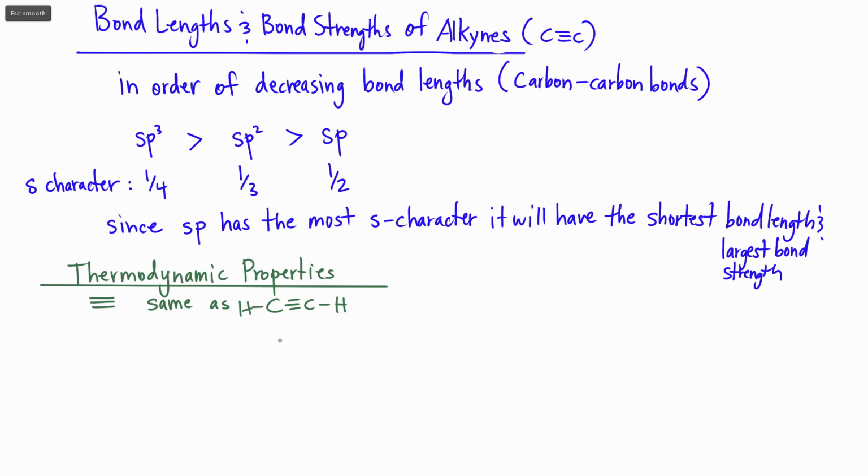So let's take the reaction C2H2, and we're going to react that with oxygen, and it's going to produce carbon dioxide.